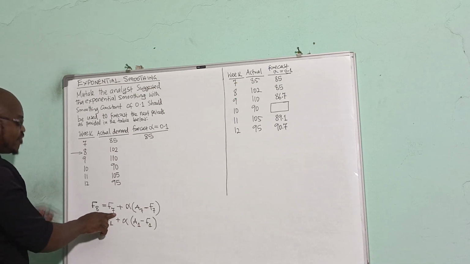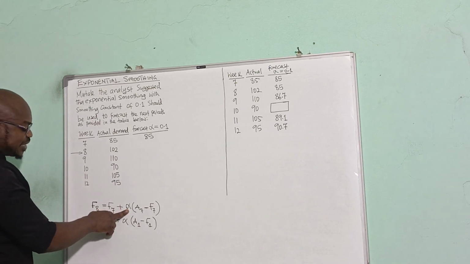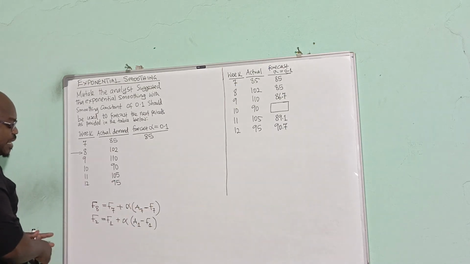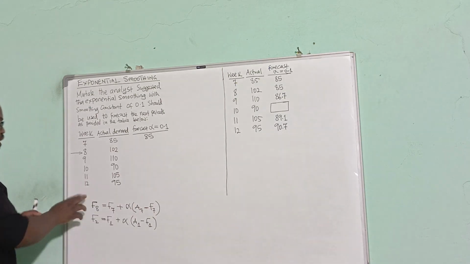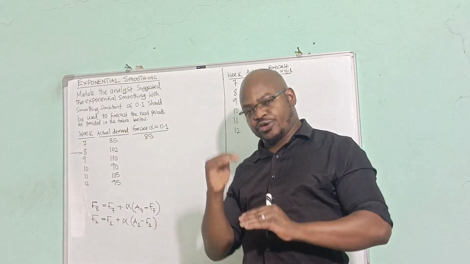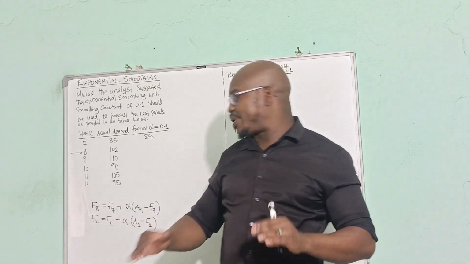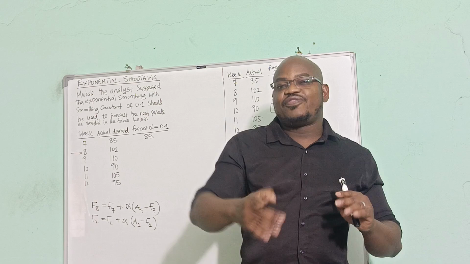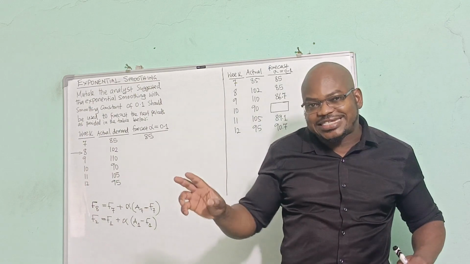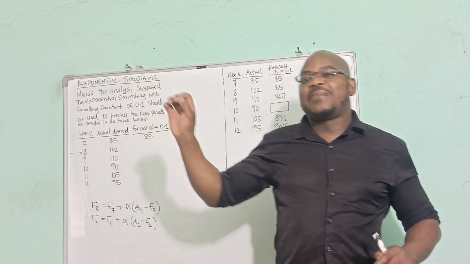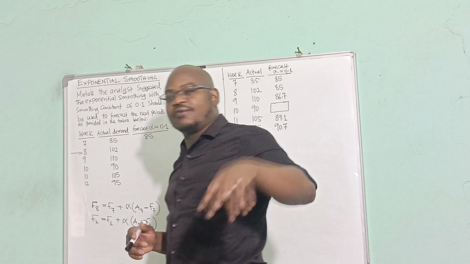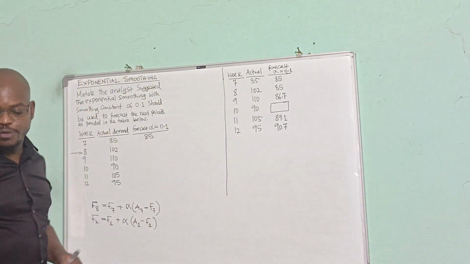It's forecast for the previous period plus the constant factor, open brackets, actual for the previous period minus forecast for the previous period, close brackets, and just like that, you'll have calculated the forecast for the period you are looking for.